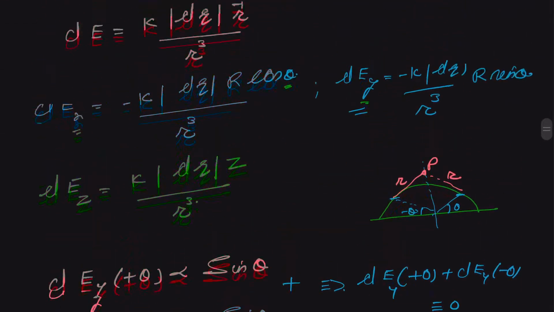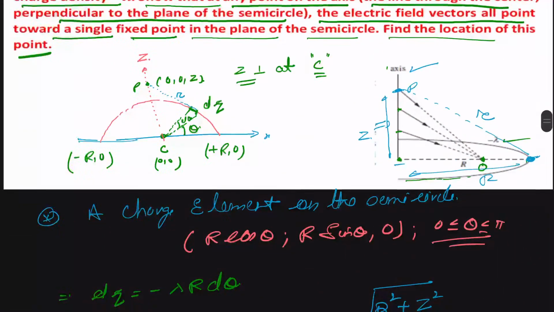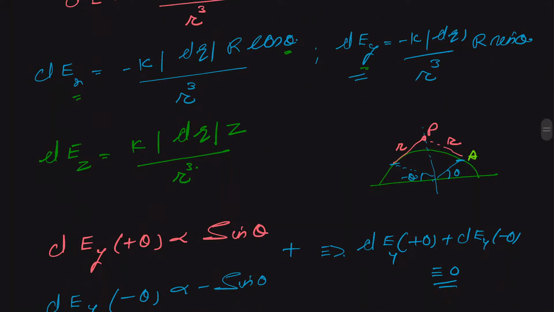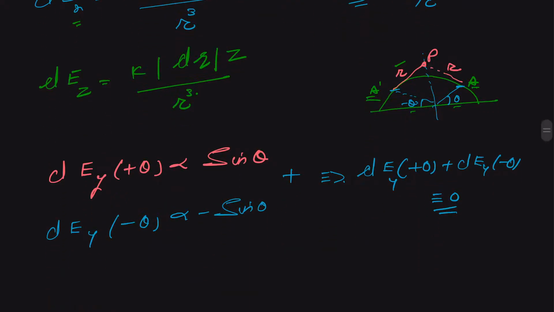We have taken this point as P, and let us take this point as our A. If this is A, then this should be our A prime. So A and A prime are symmetric in all respects with respect to distance r and angle theta. Only difference is that it's a positive as well as a minus angle. So it means the y component is going to balance out.